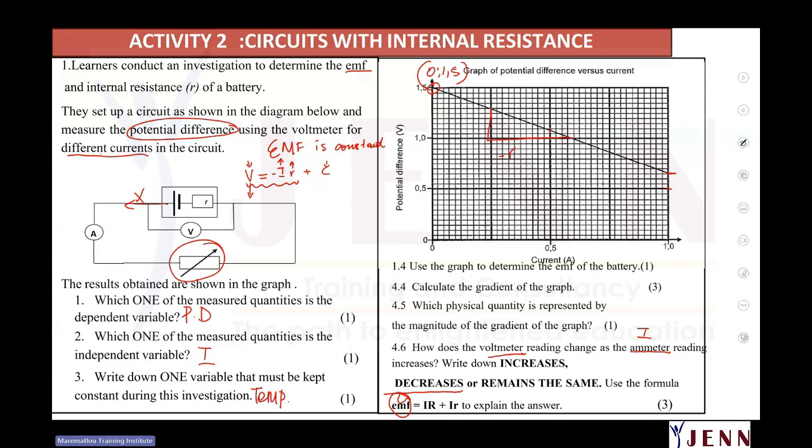What is lost inside the battery makes it difficult for us to gain outside. So as we increase current, the potential difference lost there will increase, and as a result, the external will decrease. I hope that answer is clear.